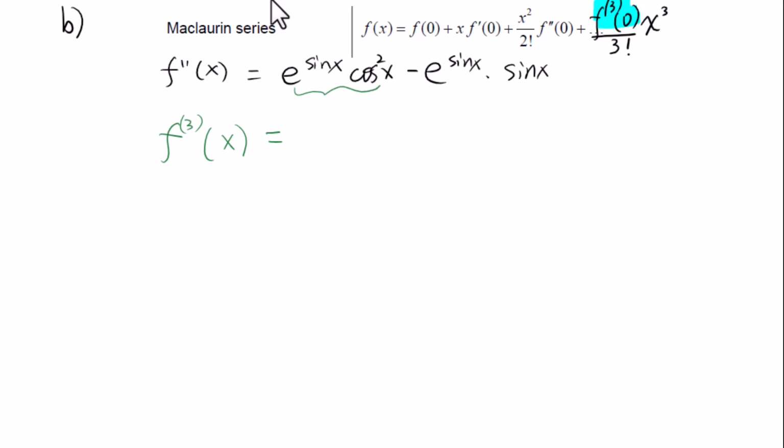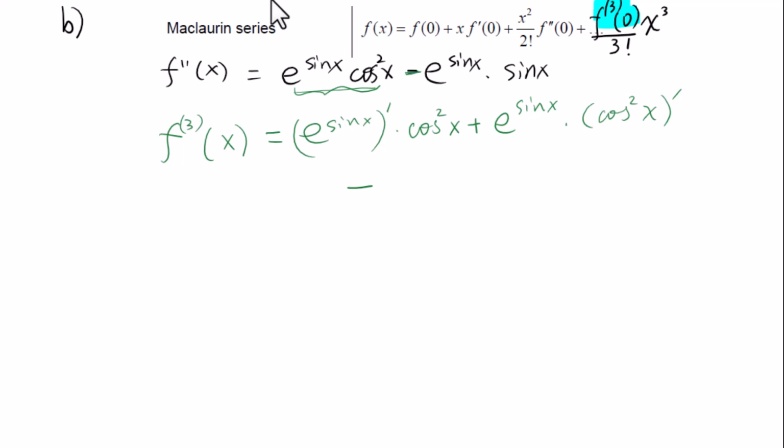Third derivative of f of x equals, remember the product rule for this function. e to the sin x prime times the cosine squared x plus e to the sin x times the cosine squared x prime, then minus.